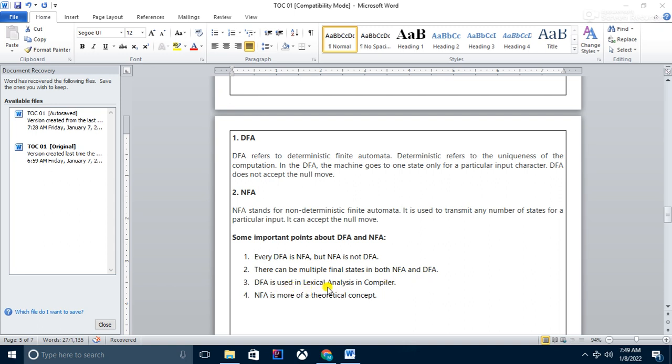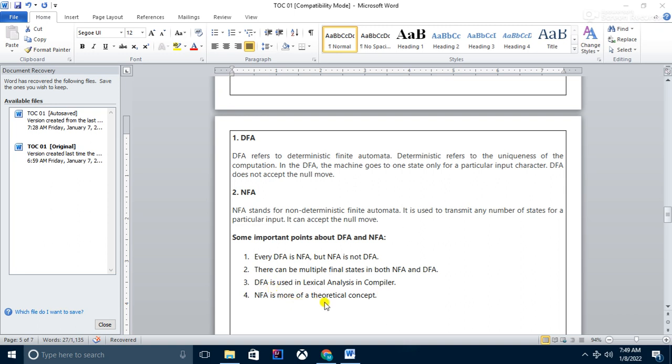DFA is used in lexical analysis in compilers. So deterministic finite automata has the application that it is used in the lexical analysis of the compilation process. And NFA is more of a theoretical concept.